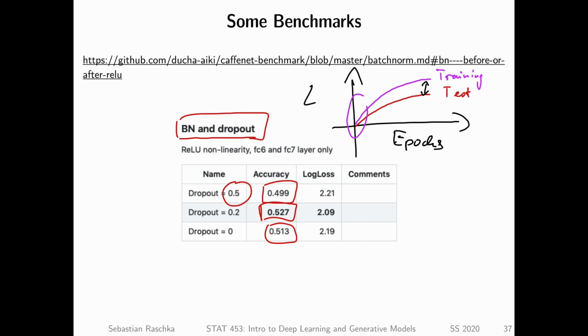After I apply dropout, I have training accuracy like that and test accuracy like that. So I have reduced the overfitting gap. It's a little bit smaller than before, but maybe I've dragged down both the training and test accuracy. So this is why, even though dropout may reduce the overfitting, it can also result in an overall lower test performance if it's too much dropout.